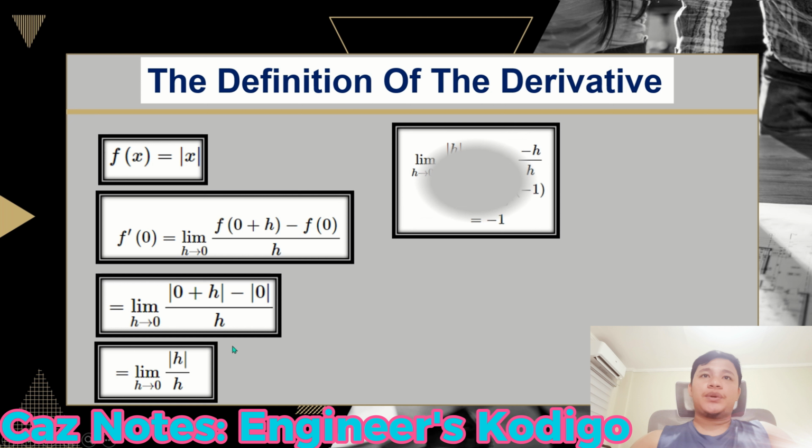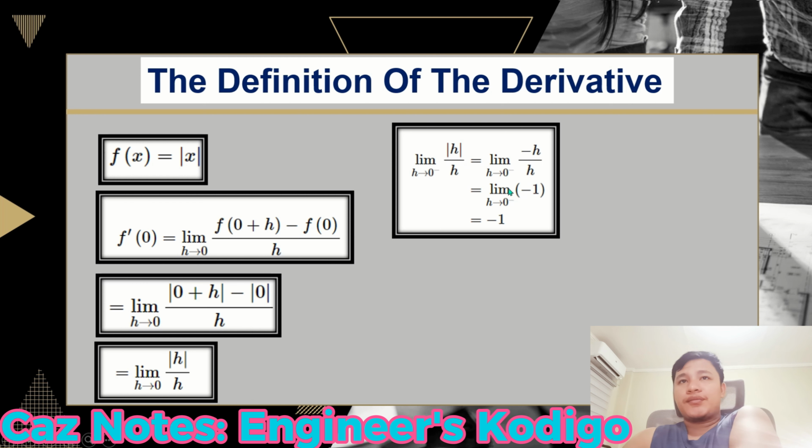So first, let's evaluate the left-hand side limit. That means it should be a value less than 0, but approaching 0. A value less than 0 is always a very small negative number, right? Okay, so that means if we set h equal to a negative number, the absolute value of a negative number is always a positive h.